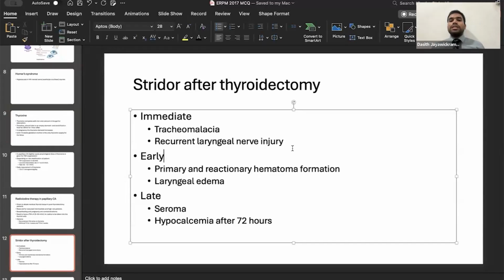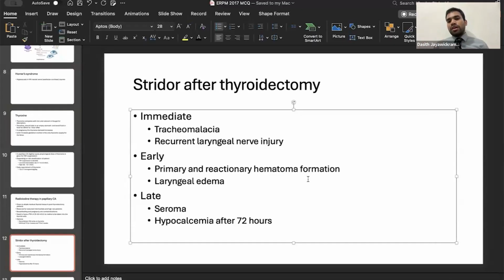It is what we call early stridor. It is due to either primary or reactionary hematoma. Primary is when there's bleeding from the surgical site during the surgery. Reactionary hematoma is when there's no bleeding when the surgery is closed, but the bleeding happens later on, that is, within 24 hours from the surgery.